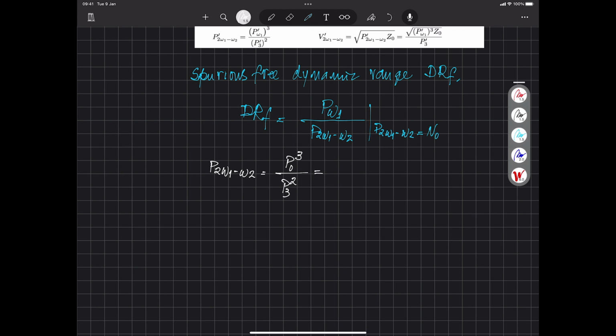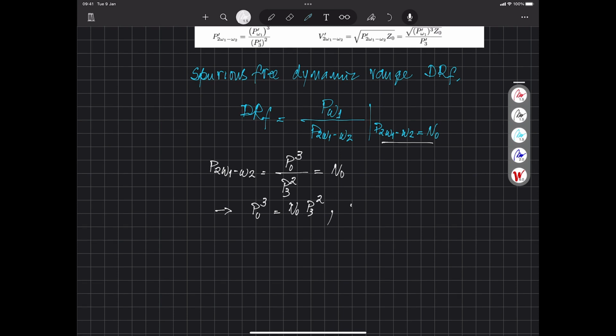And when this condition is satisfied, this equals the noise level N naught, from which we obtain that P naught cubed equals N naught P3 squared, from which we obtain that P naught, the output power of the linear level, equals N naught to the 1/3 times P3 to the 2/3.